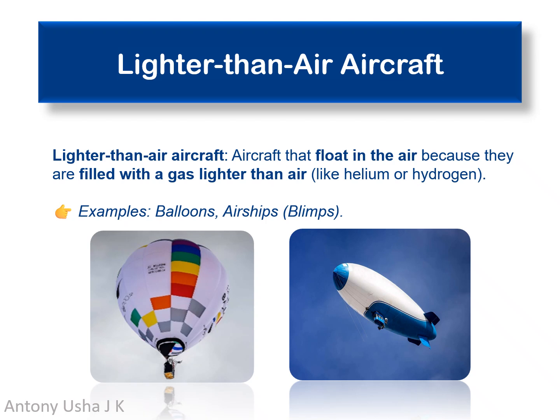Hot air balloons are the lightest and simplest form, relying solely on heated air to create buoyancy. Next, airships, also known as dirigibles and blimps, are powered and steerable aircraft. They can be either rigid like the Hindenburg, which had a structural framework, or non-rigid like blimps.